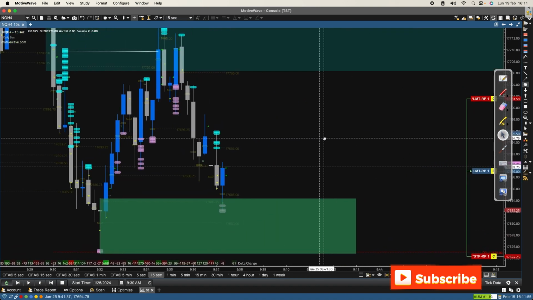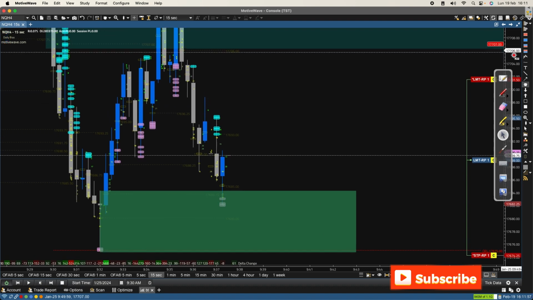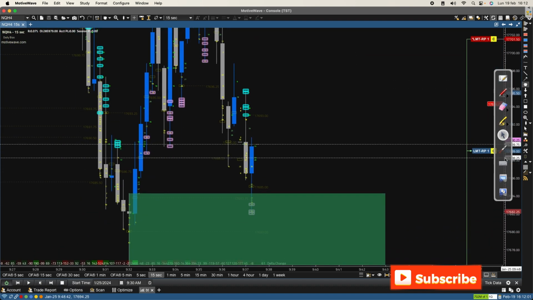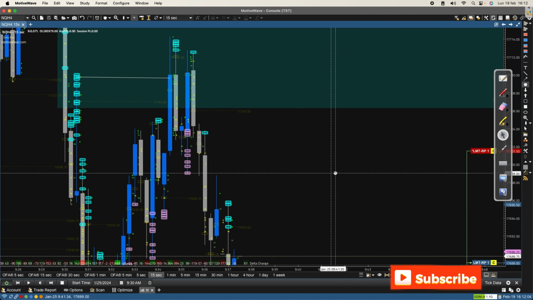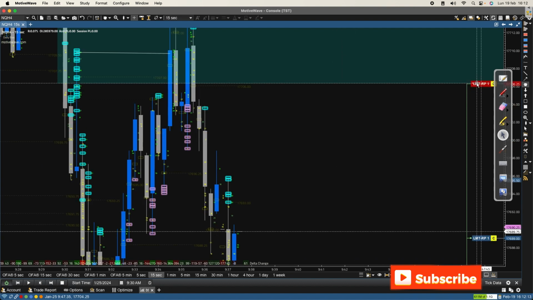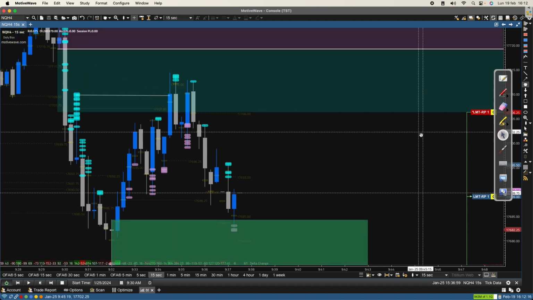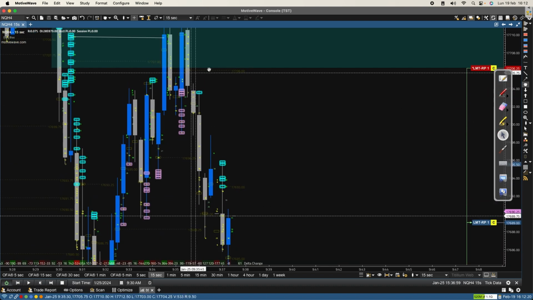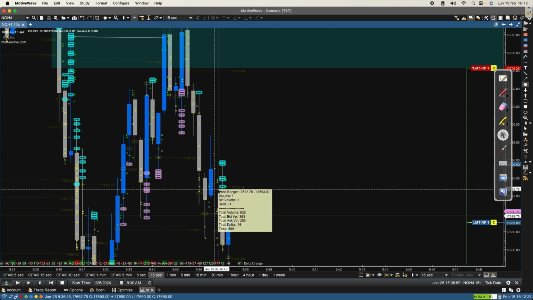What about take profit? Let me see. I usually try to respect a 1-to-2 or 1-to-3 risk to reward ratio, so here it could go here, because we have an untested POC and the origin of this last move.